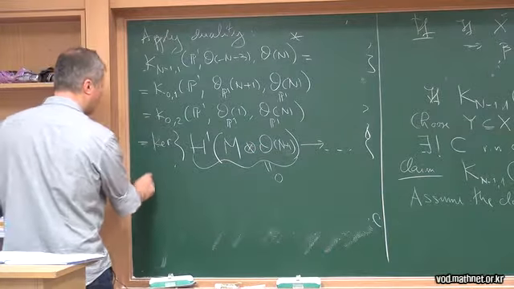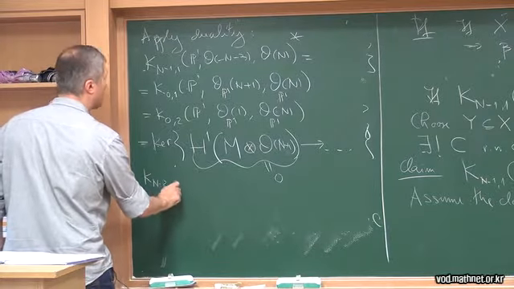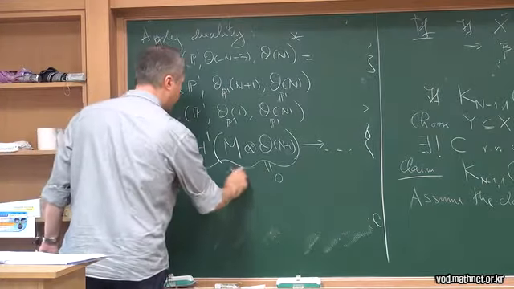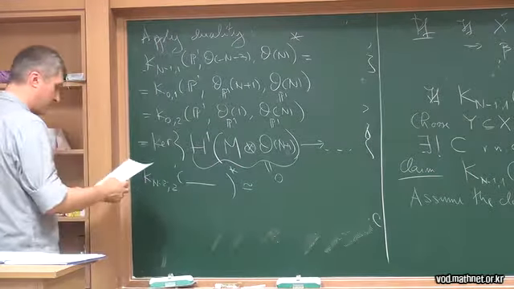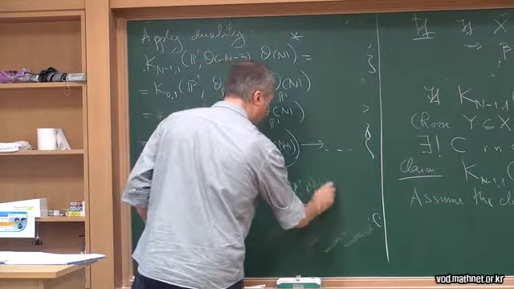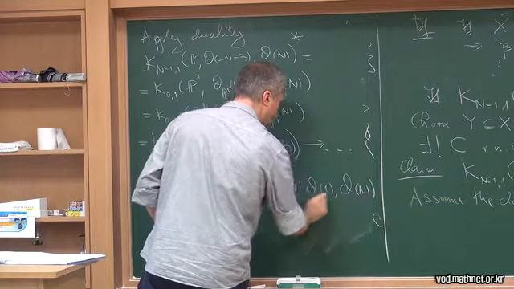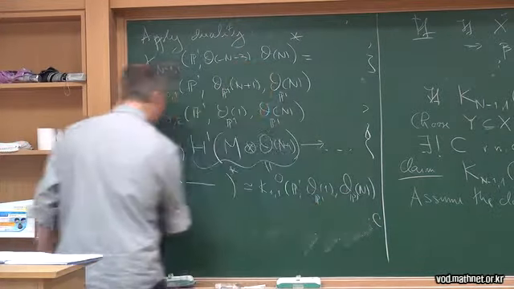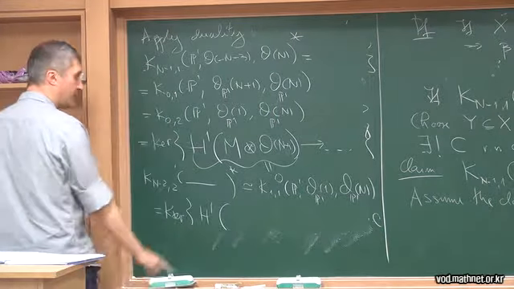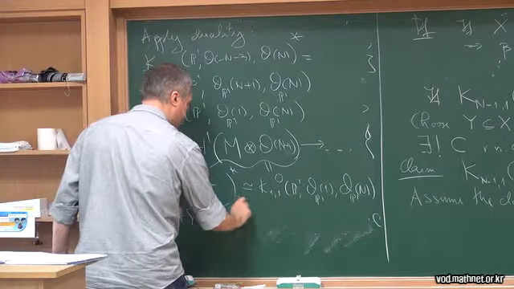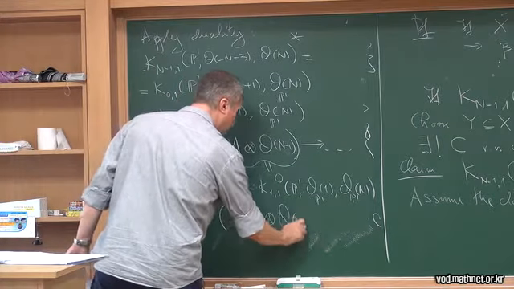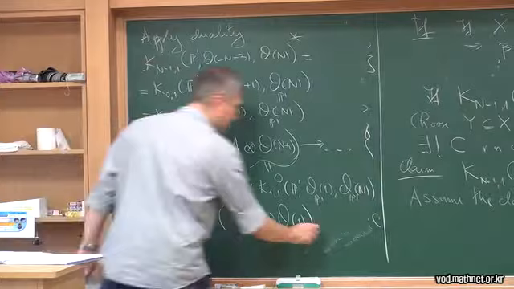And now, similarly, K_{n-2,...} of the same thing, dual, is isomorphic to K_{1,1} of P1, O(1), O(n), and this is the kernel of a map from H1. And now, since we have K_{1,1}, here we will have wedge 2 of M tensor O(1) to something.